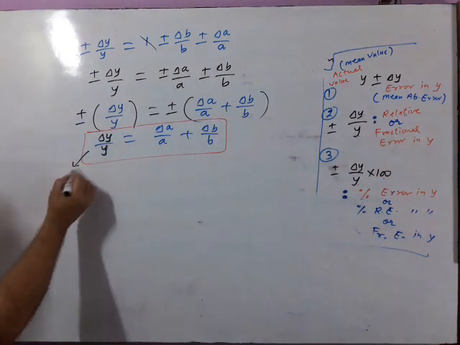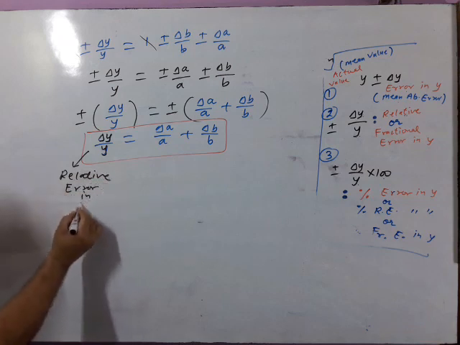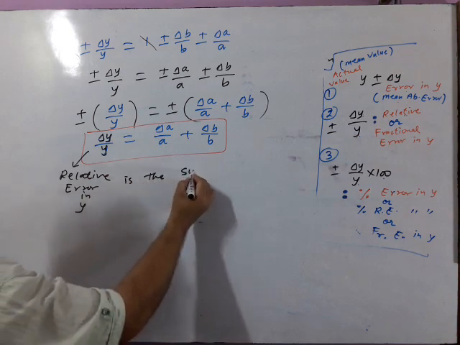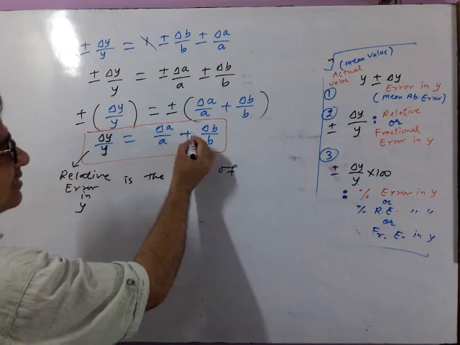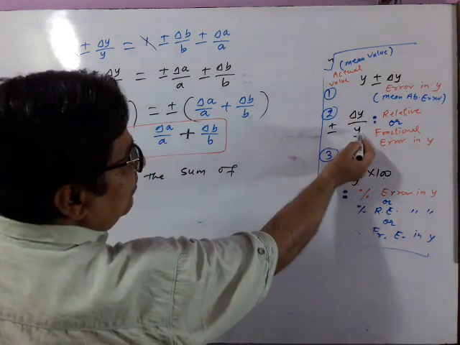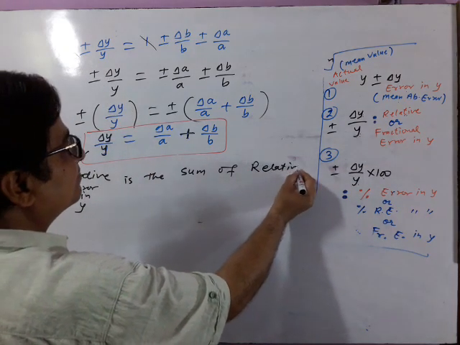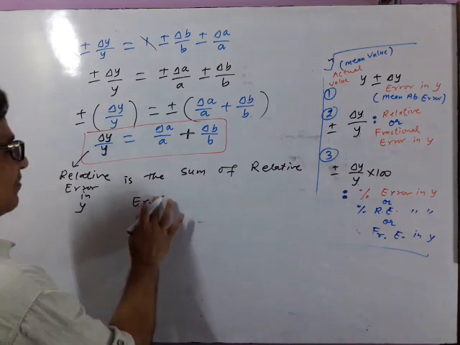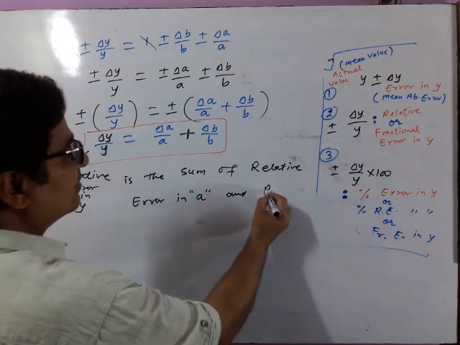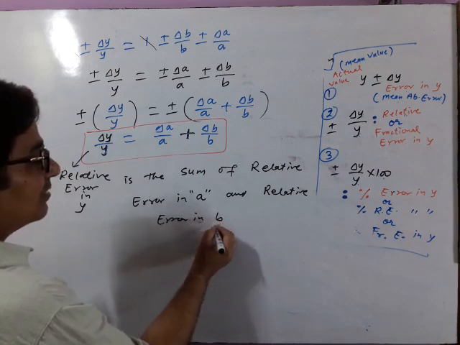So we read it like this: relative error in y is the sum of, see, this is a sum, addition going on, delta a by a, which is the relative error in A, and relative error in B. Focus.